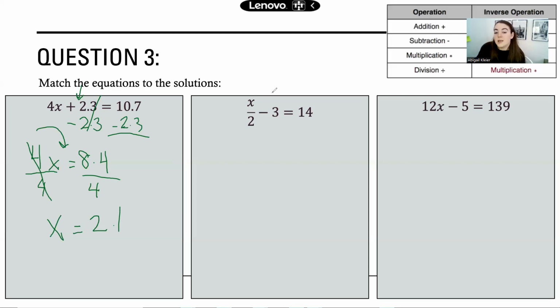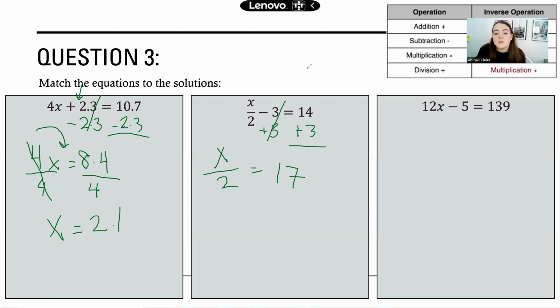Again, I'm looking for any addition or subtraction first. In this case, this is being subtracted by 3, so I'm going to add 3 to both sides. This leaves me with x divided by 2 equals, and I can solve this: 14 plus 3 is 17. Now I have x divided by 2 equals 17.